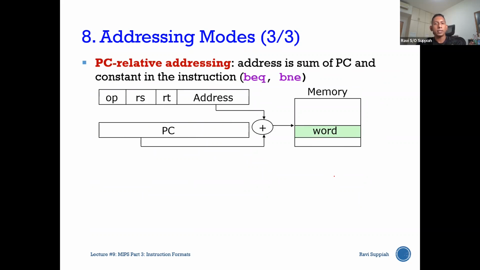In branch equal and branch not equal, the format is still the same. It's still an I-type instruction, but we are computing the final address based on the current PC value, which is the base address, with the offset. So this offset is the number of lines either going forward or going backward, and that gives us a new address.